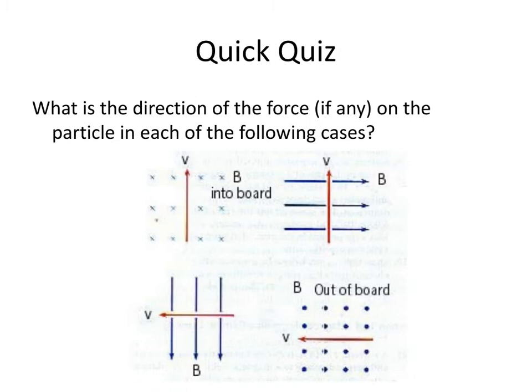So using the third right-hand rule, in the first one, we've got the motion of the current upward, and the magnetic field is into the page. So we're missing the force. Using our right-hand rule, the thumb points upwards, the fingers point into the page, and so we get a force that's to the left. So there's our force in this case.